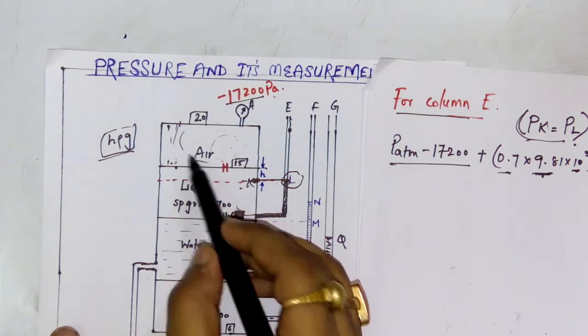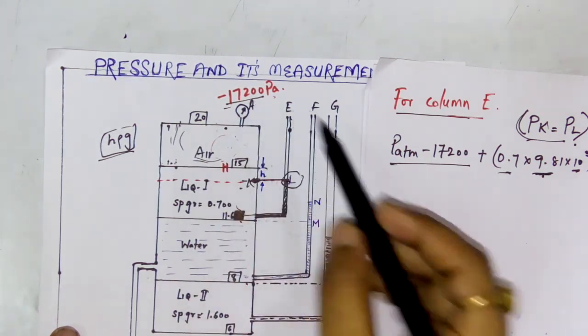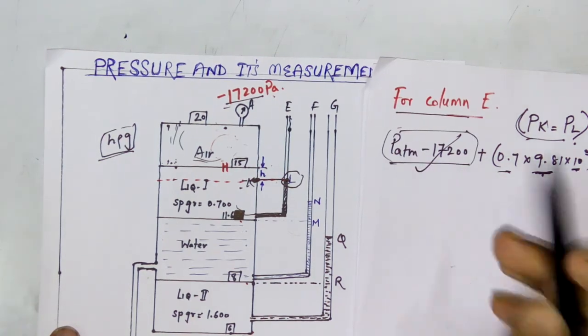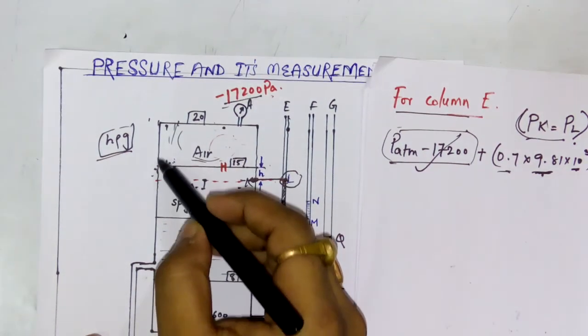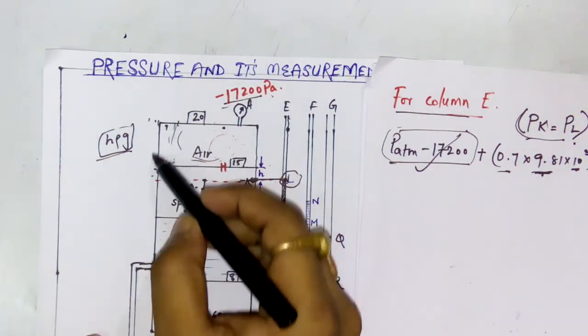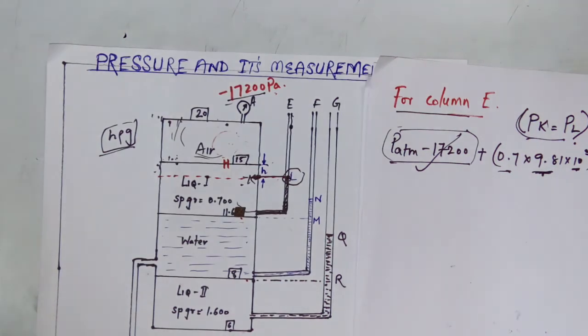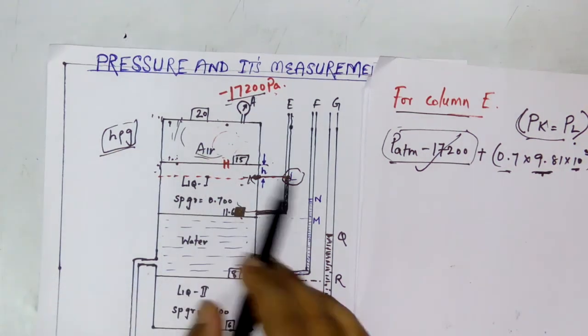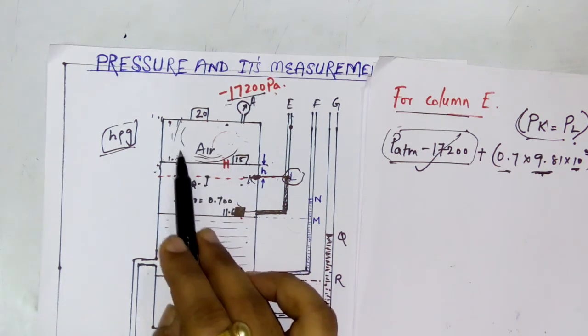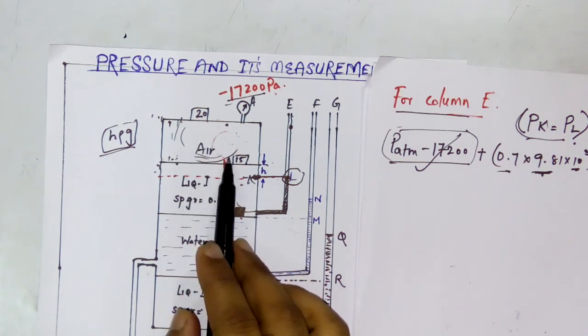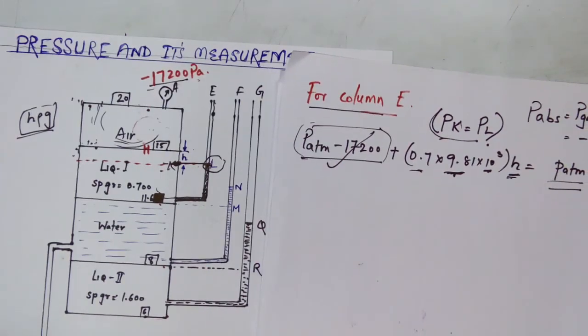But we are considering the absolute pressure of this system. Is it clear or not? So we have neglected the weight of this air, because the specific weight of air is small.